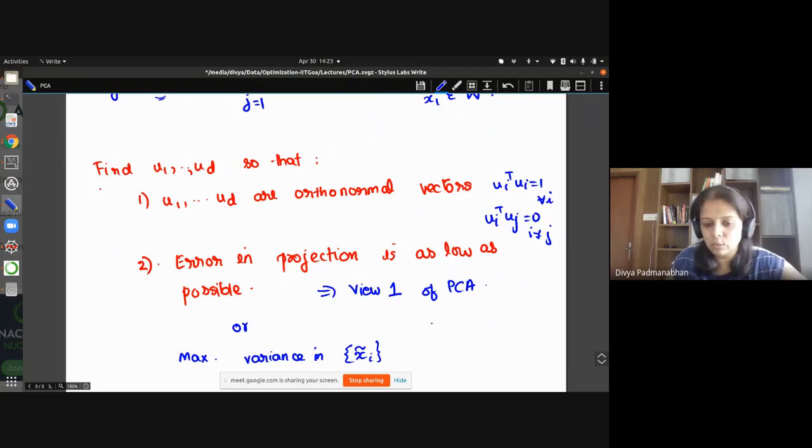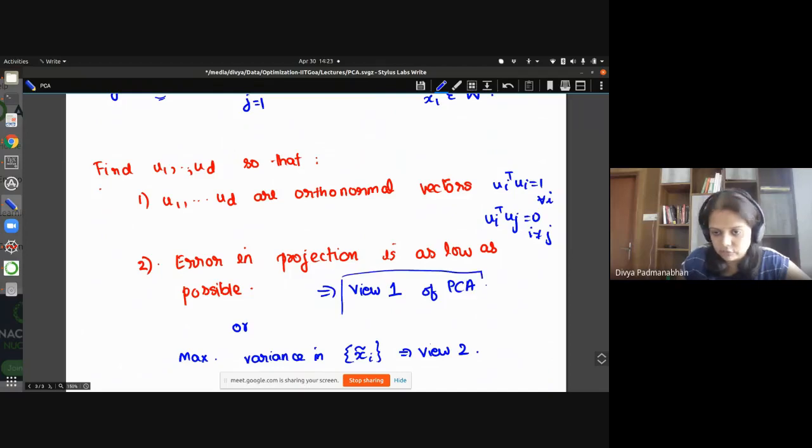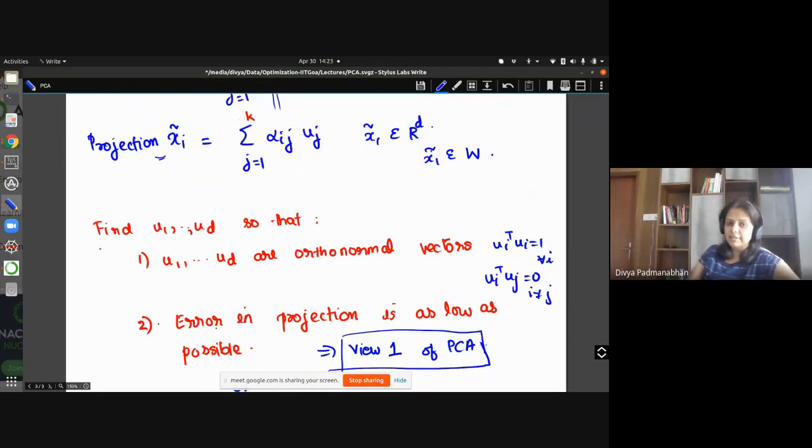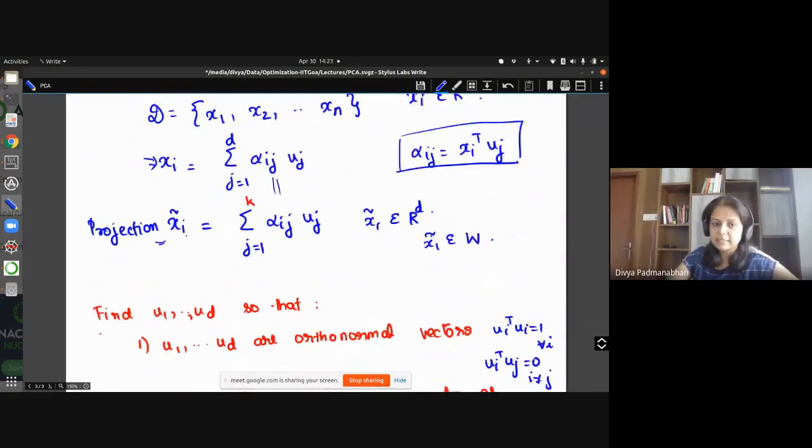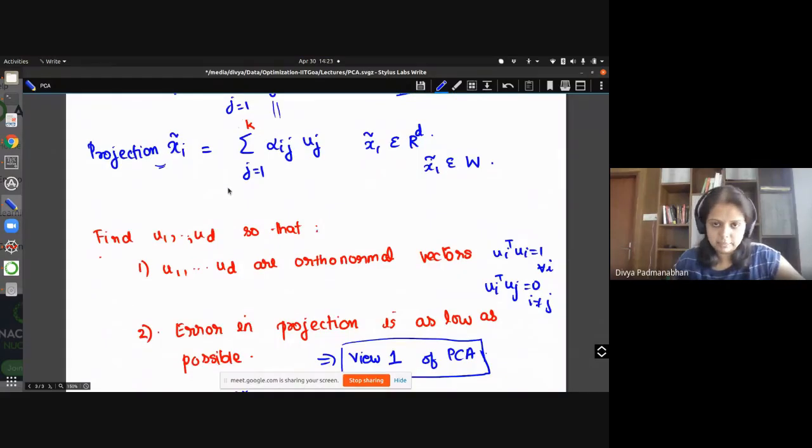So this is another view. These are actually complementary views in some sense. What I will focus on is this first view, where you want to minimize the error in going from xi to xi tilde, to the extent possible.